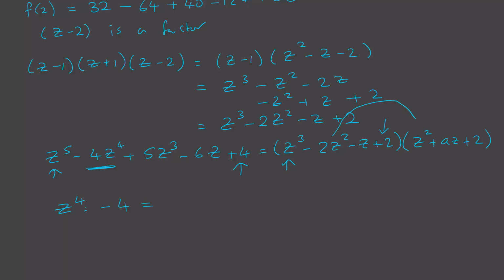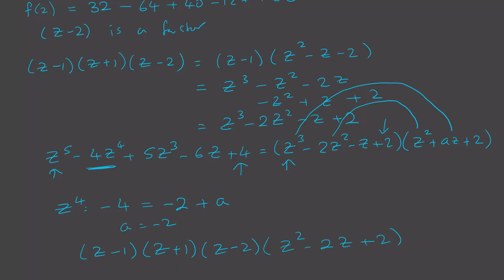Well, certainly that will, and it will give me negative 2. And also that will, and that will give me plus a. And that gives me that a equals negative 2. So what we have so far is z minus 1, z plus 1, z minus 2, and then our quadratic z squared minus 2z plus 2.